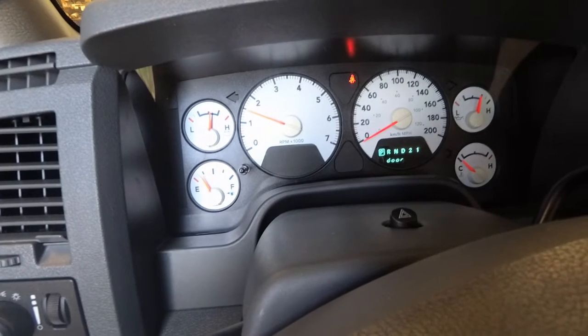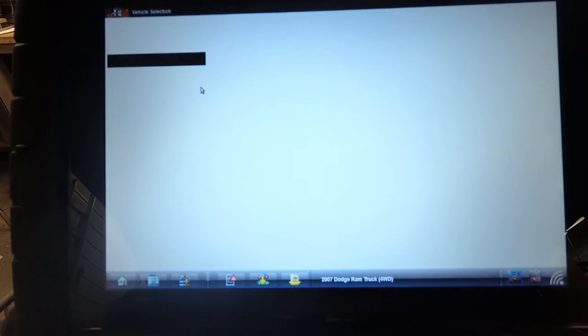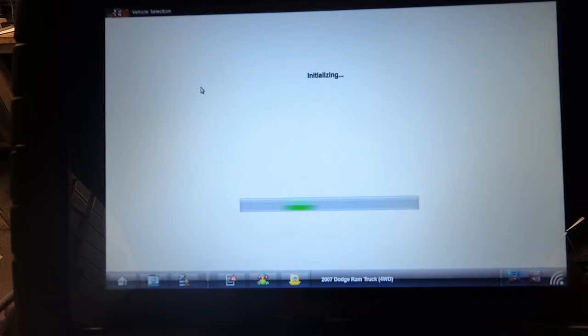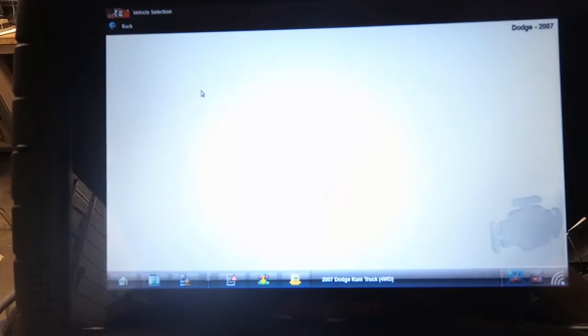We're going to scan it and see what codes it's got. So we're going to do a network scan of this thing now and see if it's got any codes in it. It says it's normal for there to be several codes after initializing that TIPM. And then we'll clear them all.